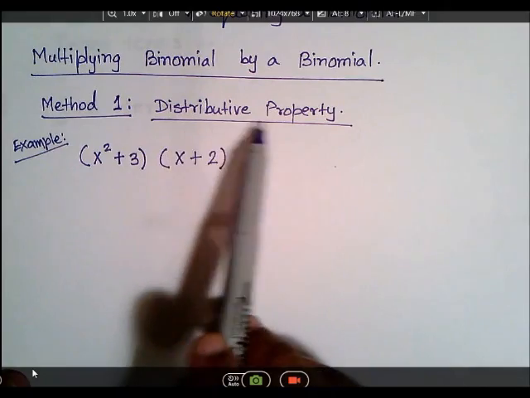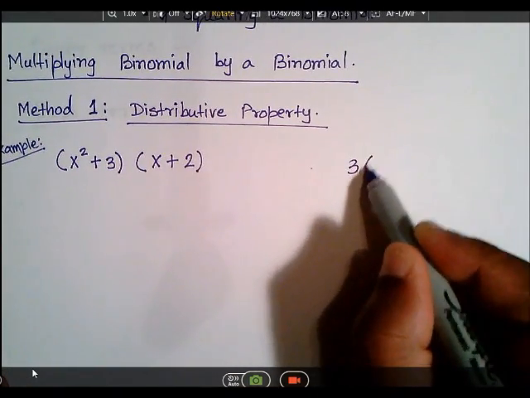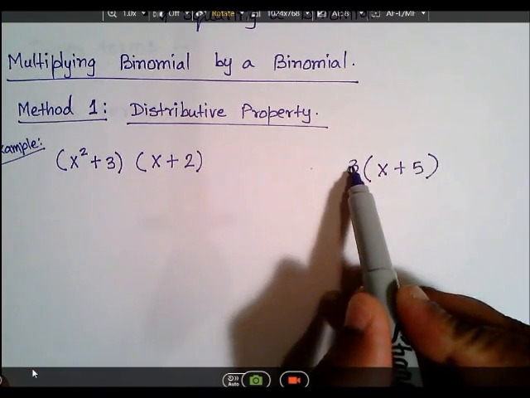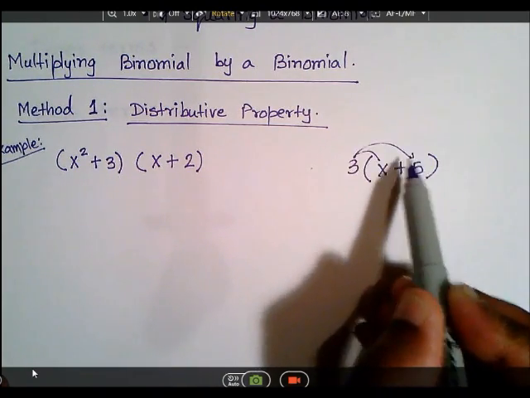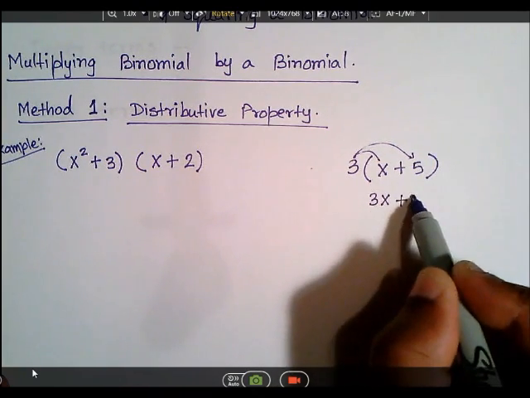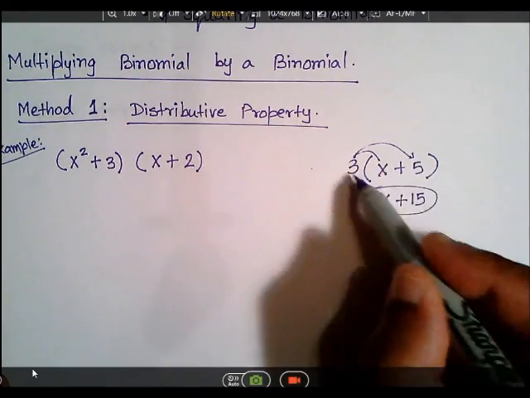The distributive property is, say if I had one number to distribute, say I had 3 times x plus 5, I just distribute the 3 to both of them. So I get 3 times x, which is 3x, and 3 times 5 is 15. So I get my algebraic expression.